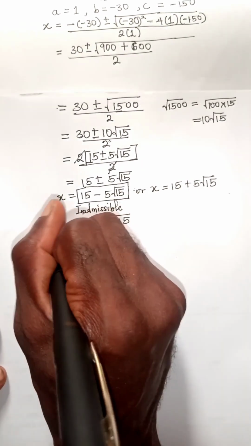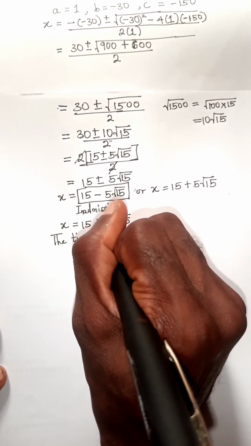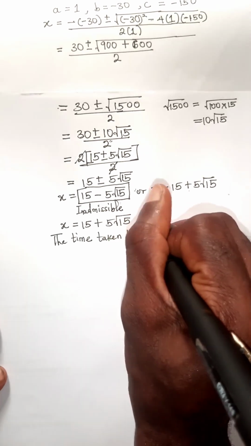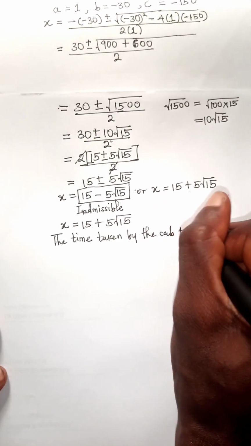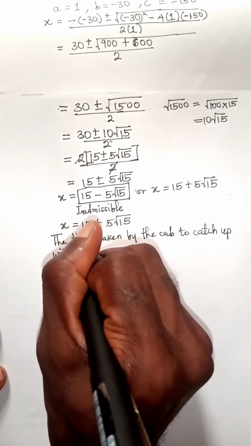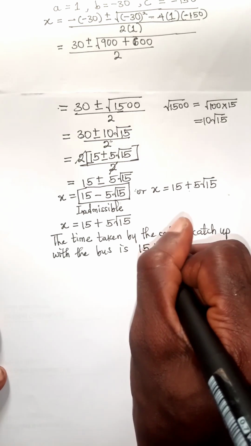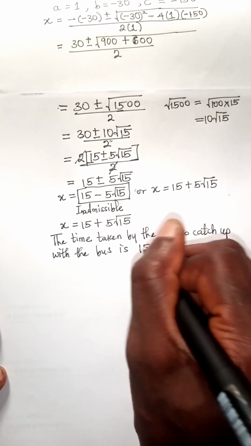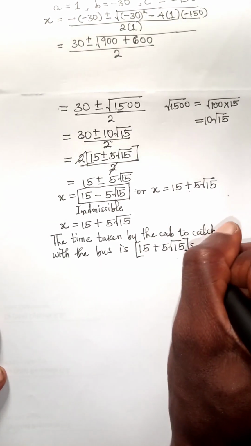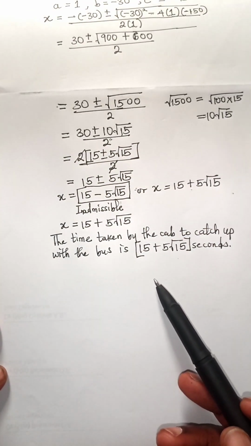So we can now conclude by saying that the time taken by the cab to catch up with the bus is 15 plus 5 root 15 seconds. Now, we may not want to have our answer in surd form.